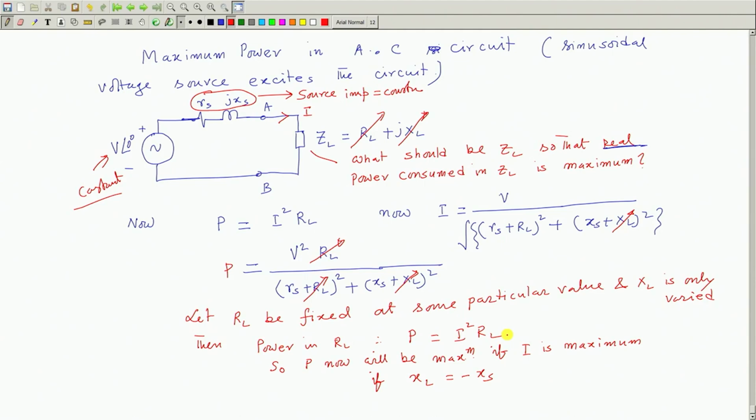Got the point. But then you will say, look, you have still not completed your solution. You have simply said that if XL value is chosen to be minus XS, then you will get maximum power in RL for a particular value of RL.